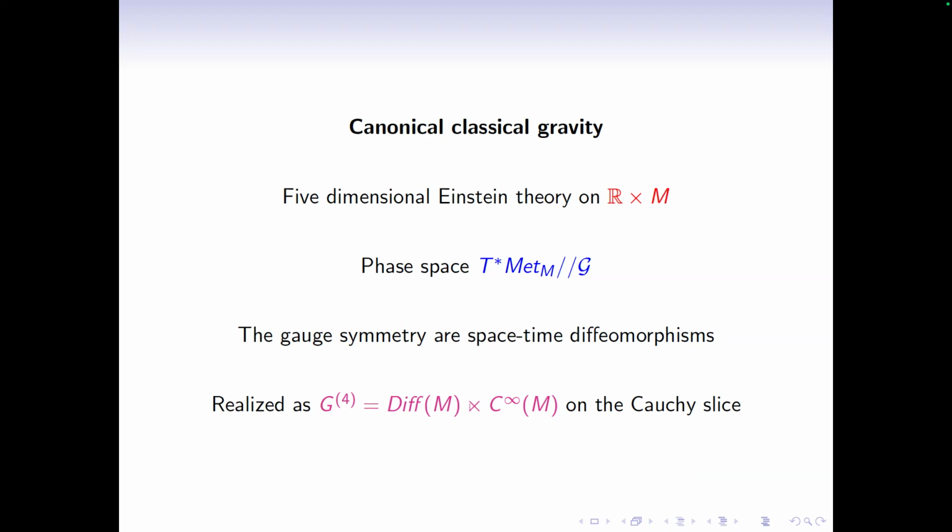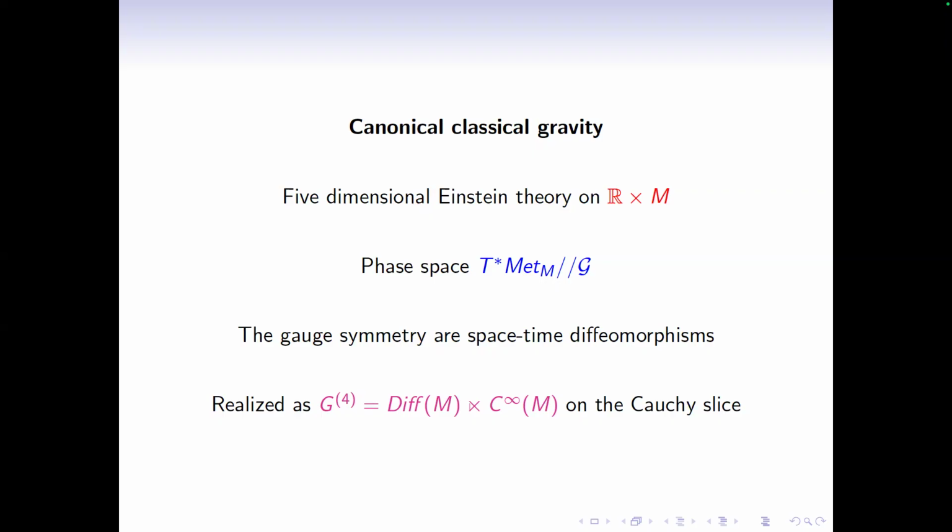So there is some constraint which physically comes from reparametrization of time, or if you like, the normal direction to M inside the 5-dimensional manifold. But from the space point of view, when I'm just looking at the space of 4-dimensional metrics, I don't recognize this additional symmetry as coming from some kind of diffeomorphisms.